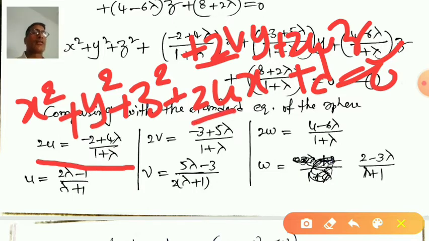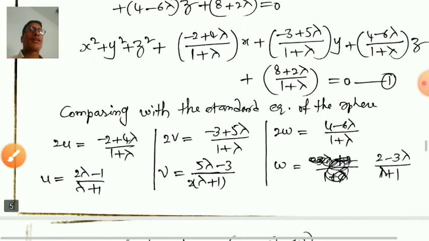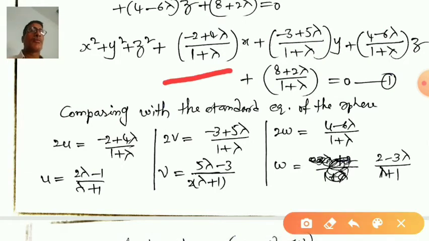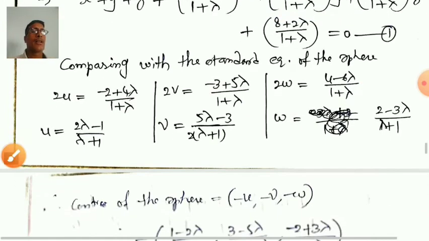2u is equal to minus 2 plus 4 lambda by 1 plus lambda. 2v is equal to minus 3 plus 5 lambda by 1 plus lambda. 2w is equal to 4 minus 6 lambda by 1 plus lambda, and like this.